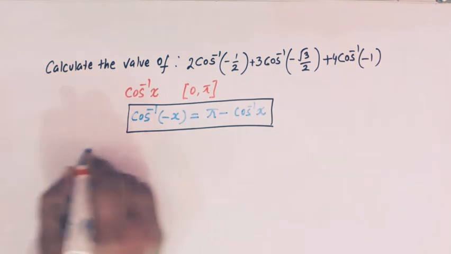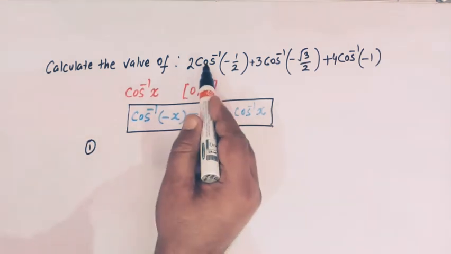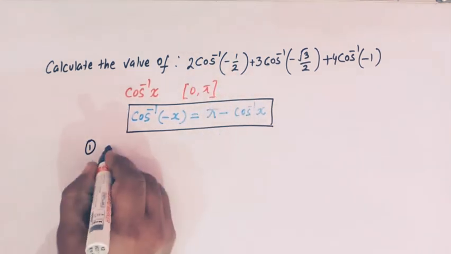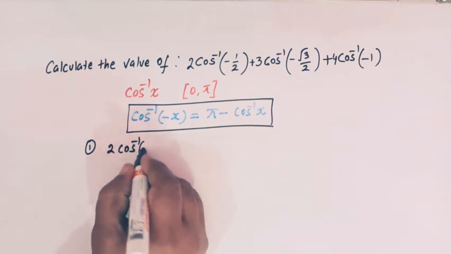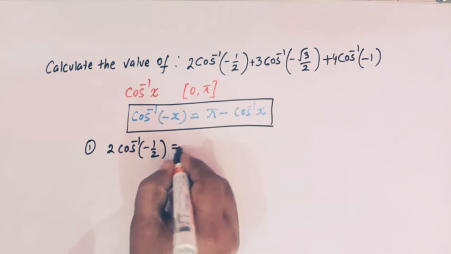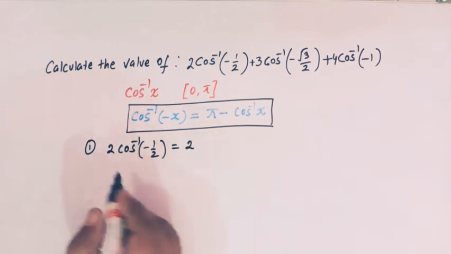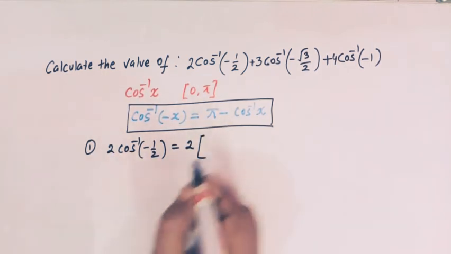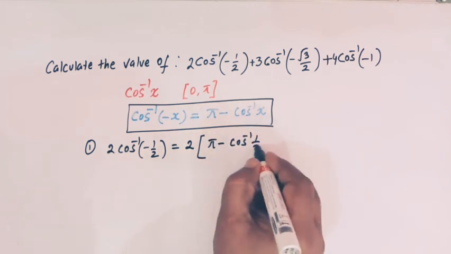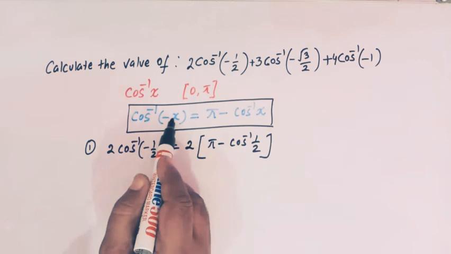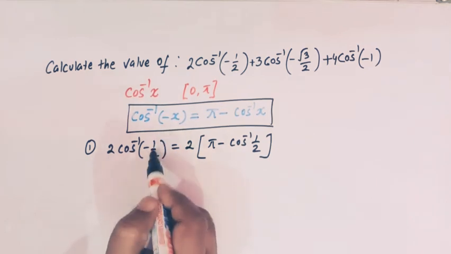So the first term is 2 times cos inverse of minus half. We can write it as 2 times pi minus cos inverse of half, right? Because the value of x is half here.